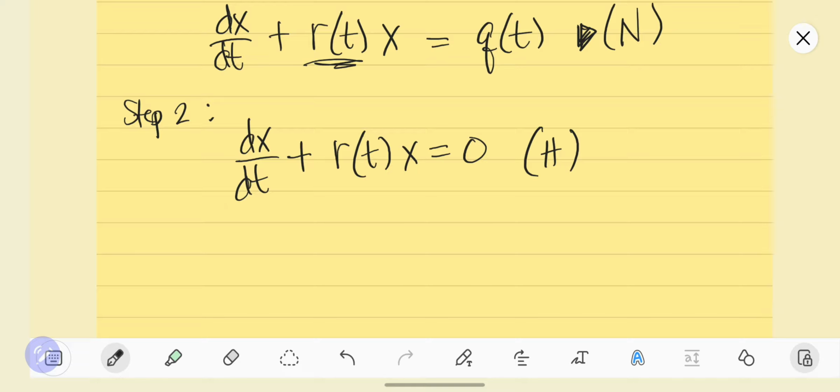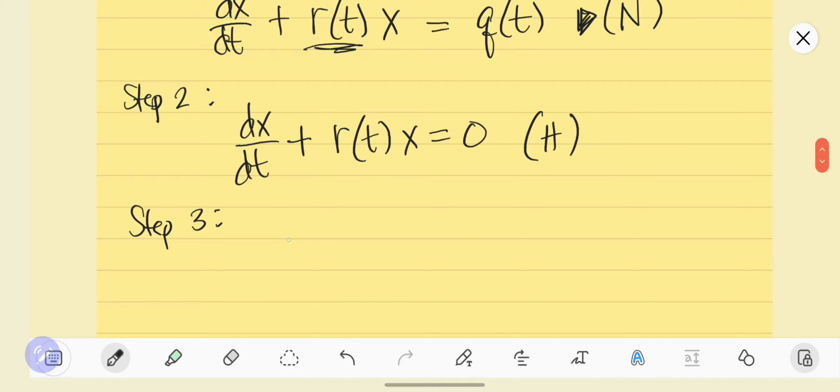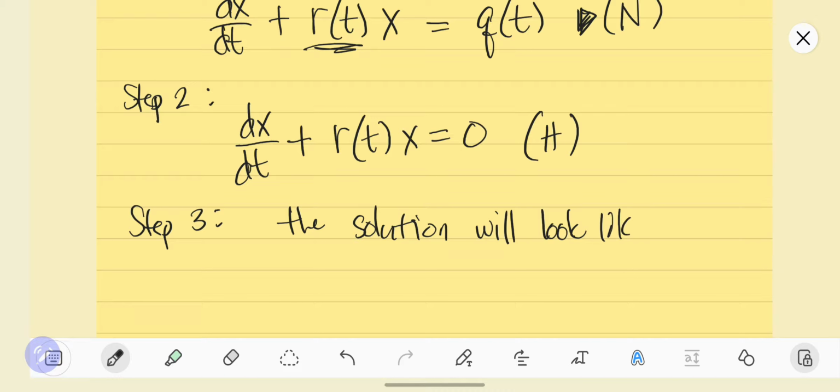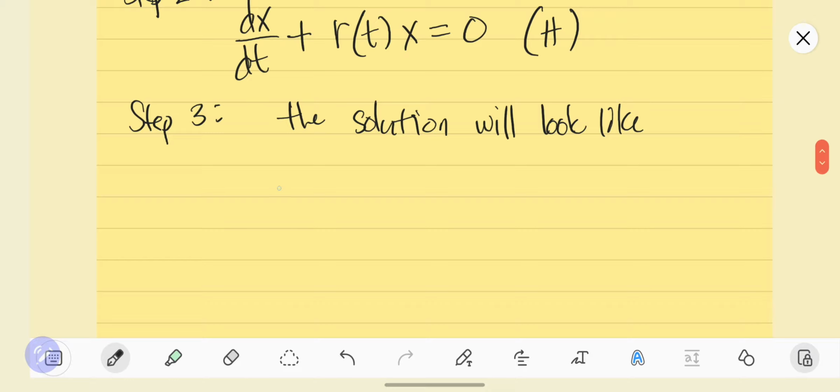Then step 3 is you solve the homogeneous equation. The solution will look like x of t is equal to k h of t.